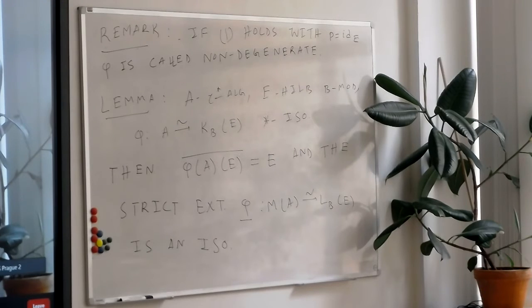So whenever phi bar exists, it is unique. This is the first substantial result of Kasparov.